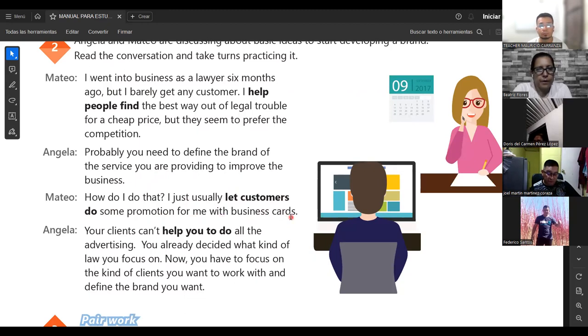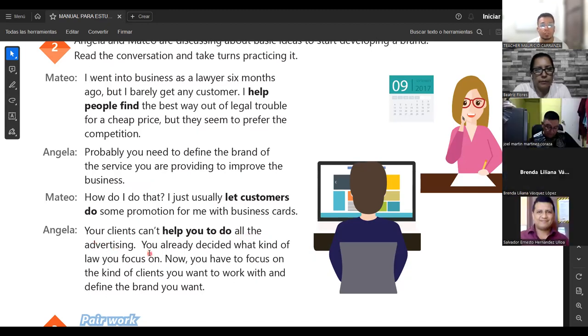Your clients can help you to do all the advertising. You already decided what kind of law you focus on. Remember, it's focus on.